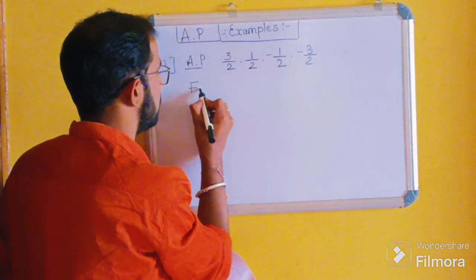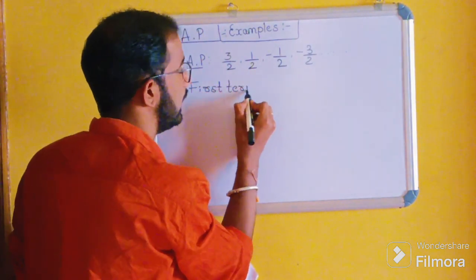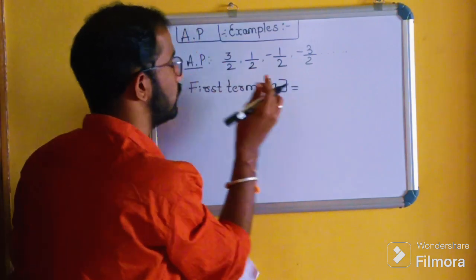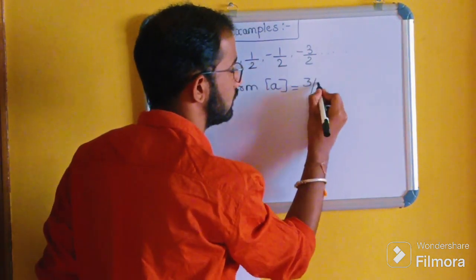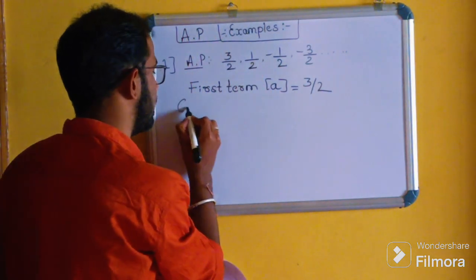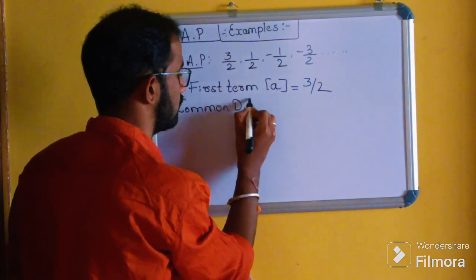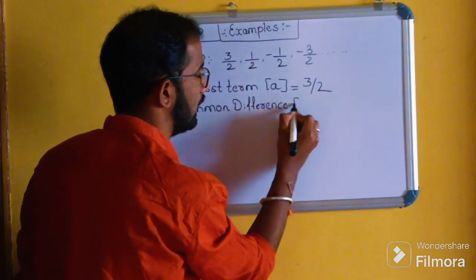The first term is indicated by a. So the first term is 3 by 2, and the common difference is indicated by d.